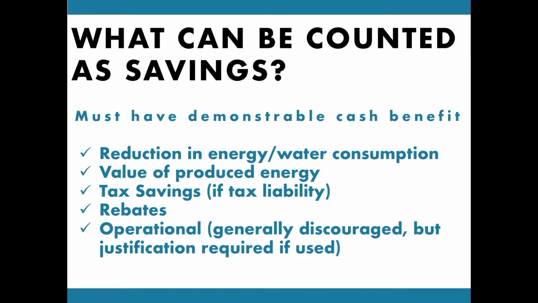And then finally, operational or maintenance savings. In general, we discourage those just because they're so difficult to justify sometimes. But if you really can show a history of outsized maintenance costs that will largely be diminished as a result of the project, then in some cases you could count the maintenance savings as well.